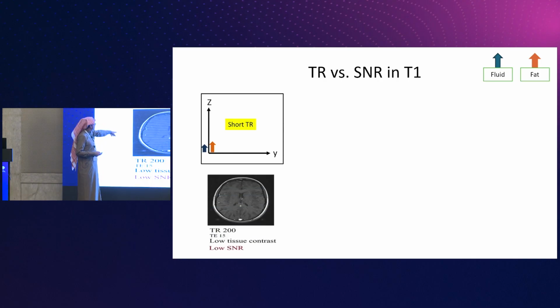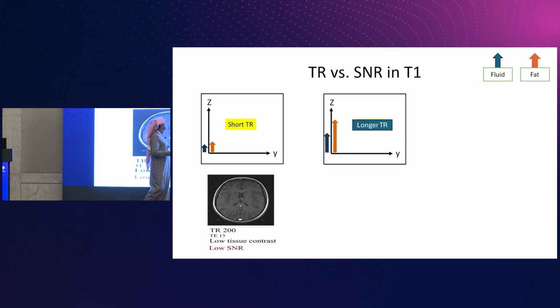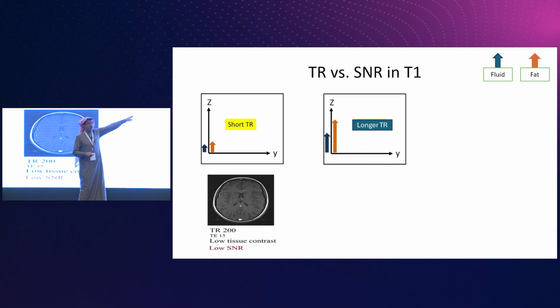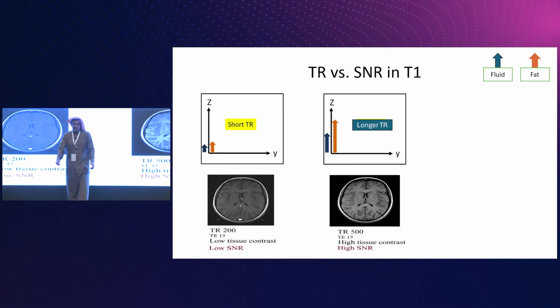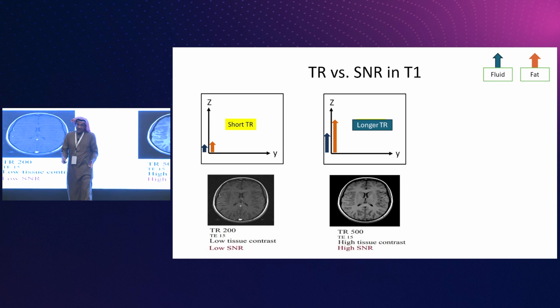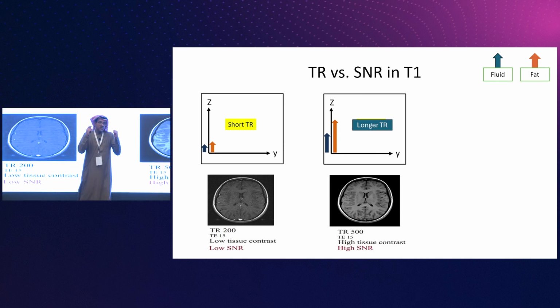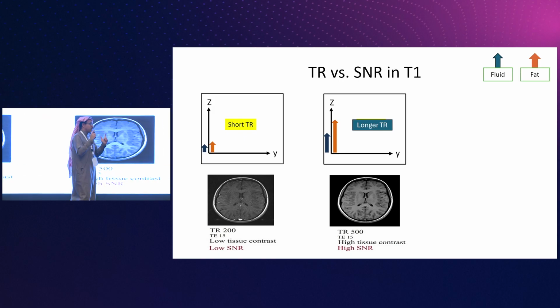This is the result, because the relaxation is very little. When you give longer TR, the relaxation is better. And this is the image. It's beautiful, isn't it? So high signal means good image quality. Wrong.